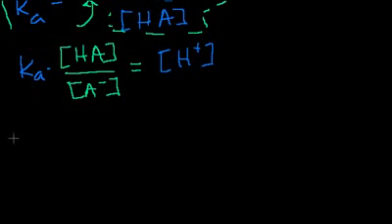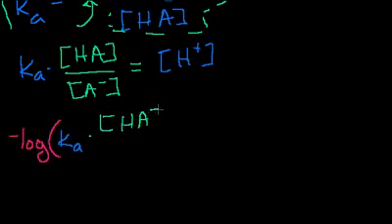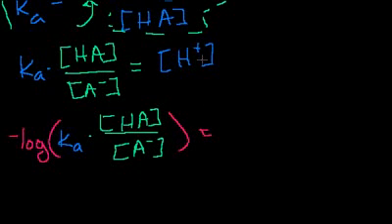So, the negative log of all of that stuff, of your acidic equilibrium constant, times HA, our weak acid, divided by our conjugate base, is equal to the negative log of our hydrogen concentration, which is just our pH, right?